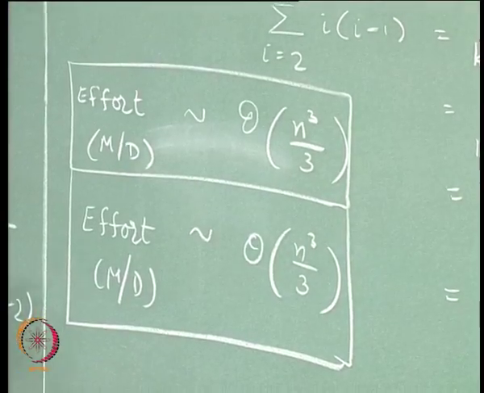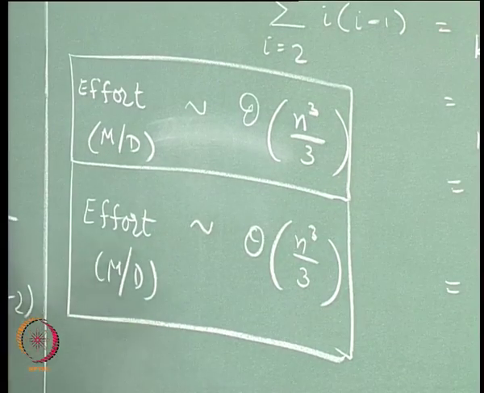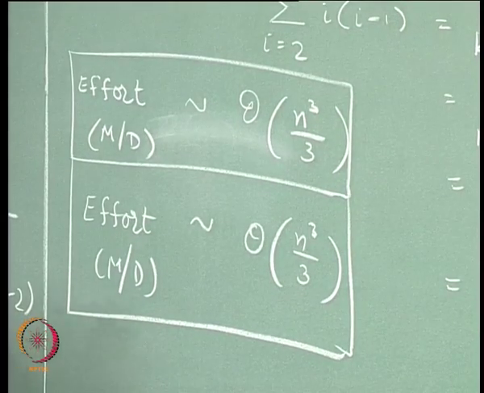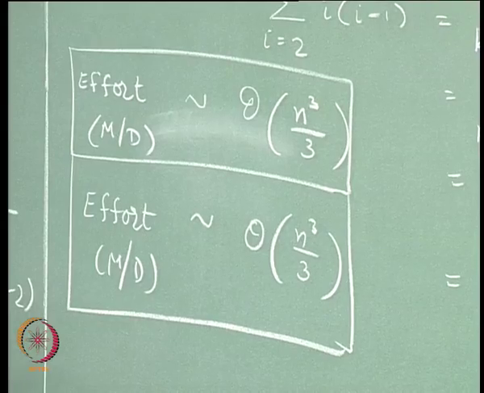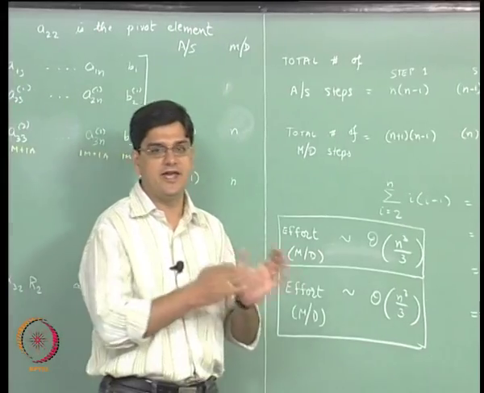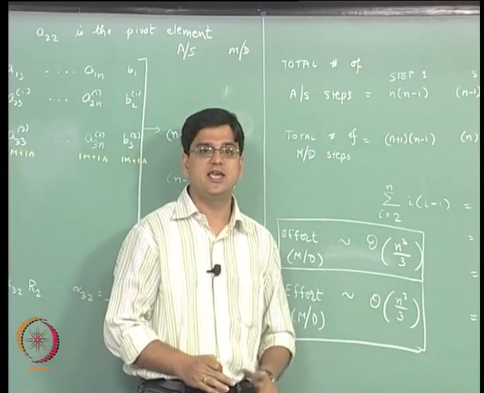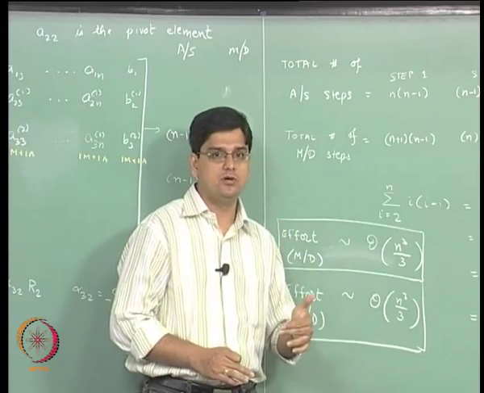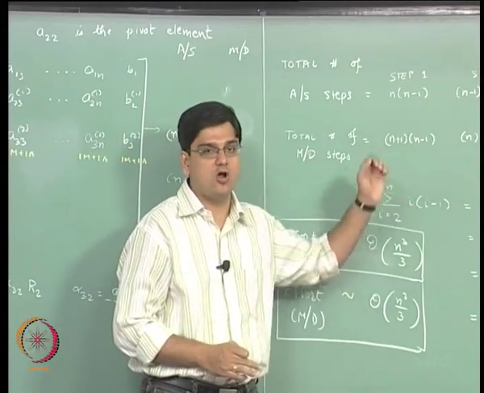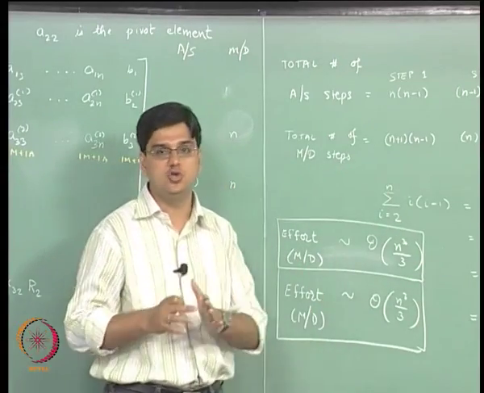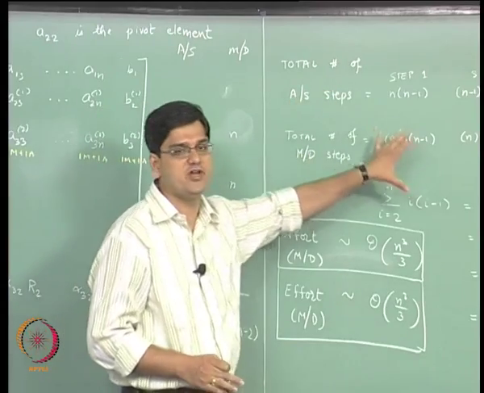So, in summary, what we have for Gauss elimination method is that the amount of effort required in solving a problem Ax equal to b scales as the cube, okay, not square, not linearly, but as the cube of the number of variables n.